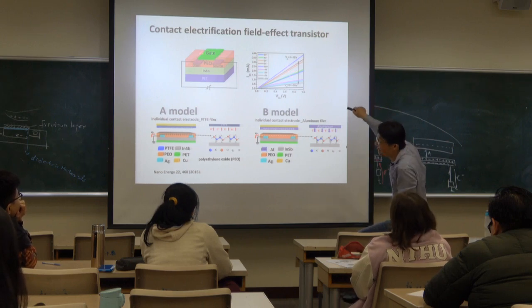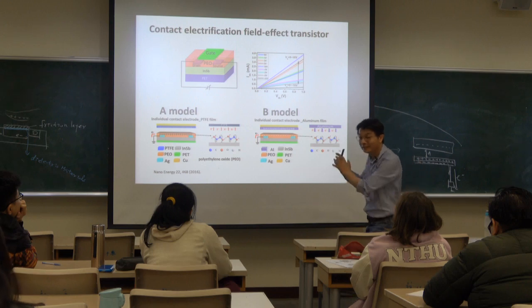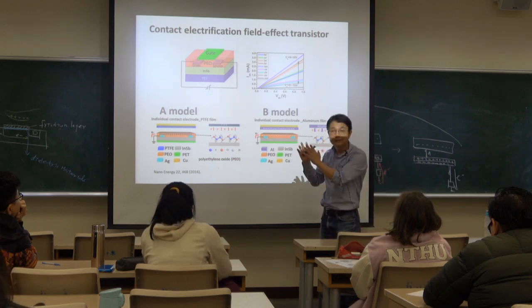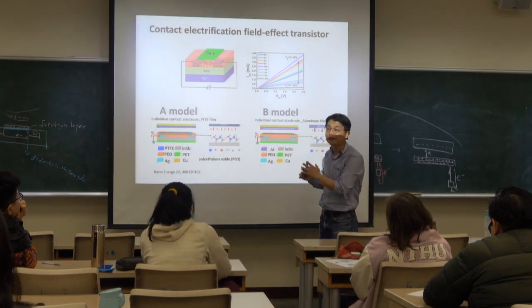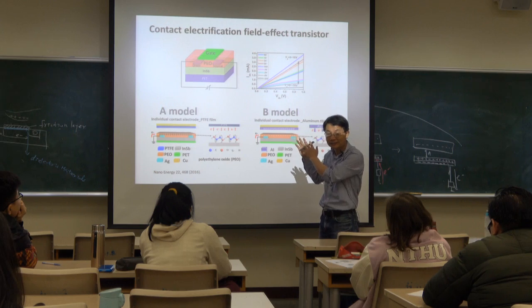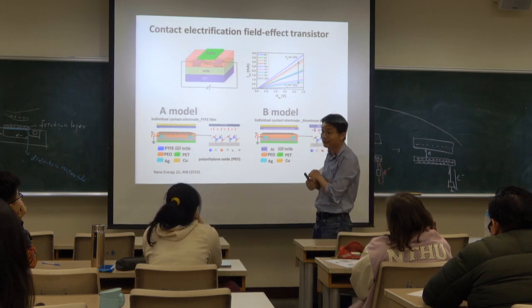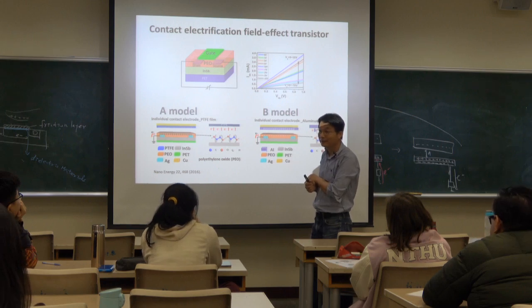But if I apply negative charge, IDS is reduced, right? So that means this is governed by N-type behavior. So this InSb is N-type semiconductor behavior.